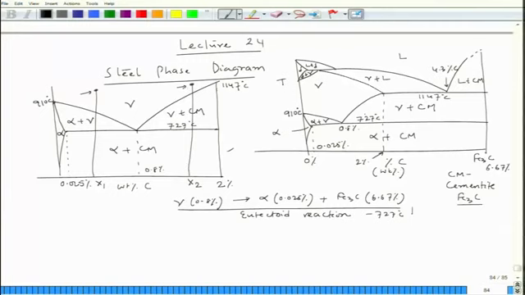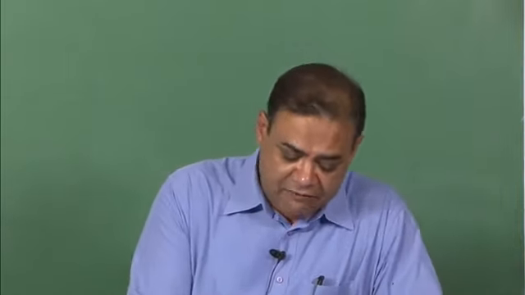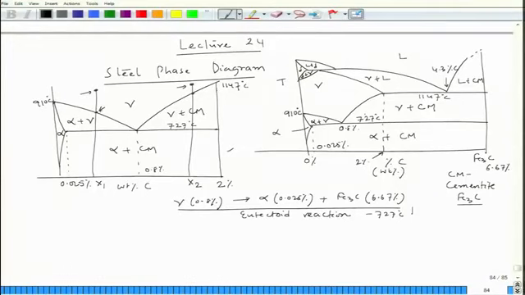As we go down, at some point it will touch the phase boundary line. In this case it will touch here, in this case it will touch here. If it touches here, the phase that appears first is the cementite phase, and if it touches there, the first phase that appears in gamma is the alpha phase.